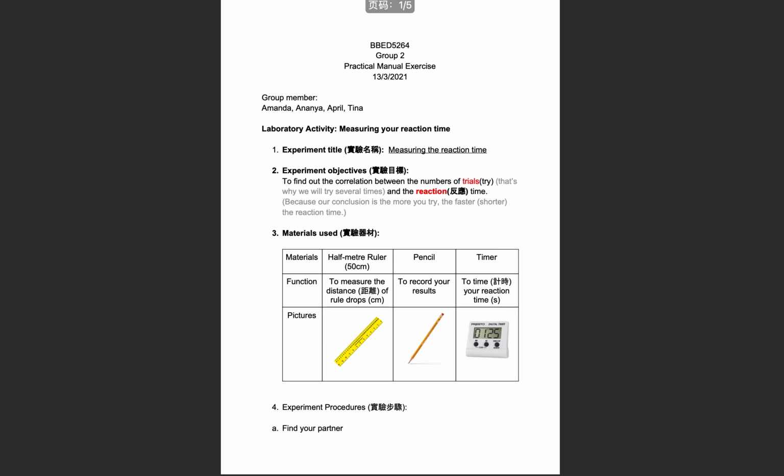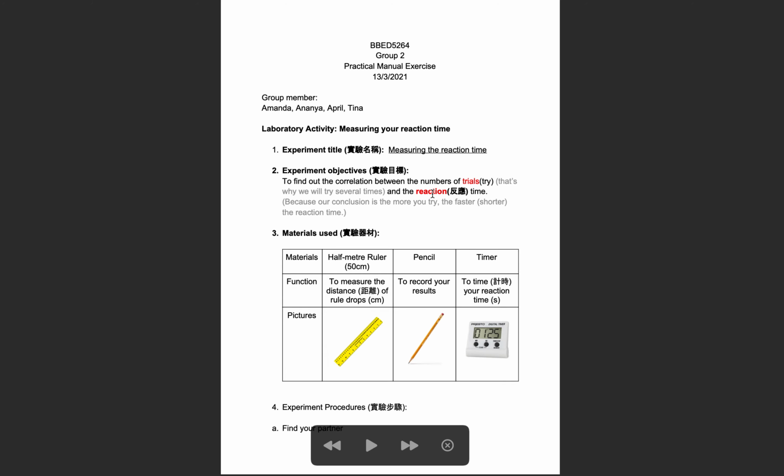So reviewing our practical manual exercise, in order to help students fully understand the whole experiment, we have some Chinese translations beside or behind the words. Like trials, we use the simple English words like "try" instead of "trial", so they will understand the meaning of trials.